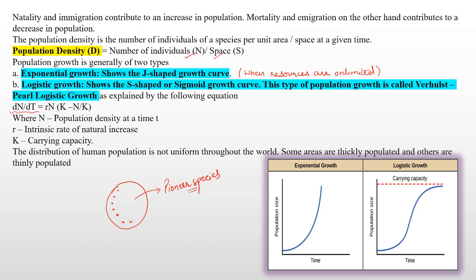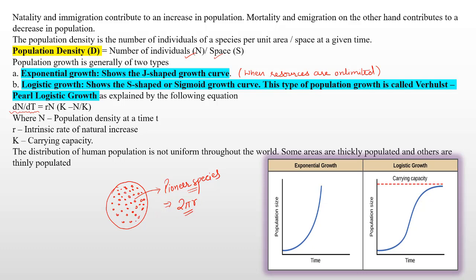For them, the resources are unlimited, because they are maximally at a count of 100, 200. But when they come to reproductive age, their count will increase enormously. And as this count increases, what will happen? Suppose this whole space is a circle with a perimeter of 2 pi r.